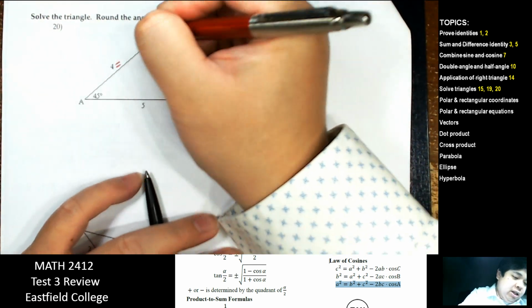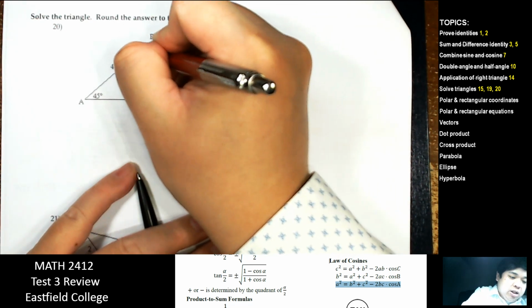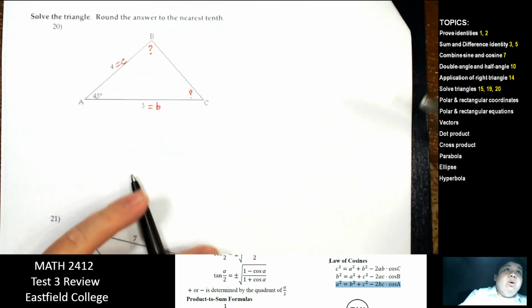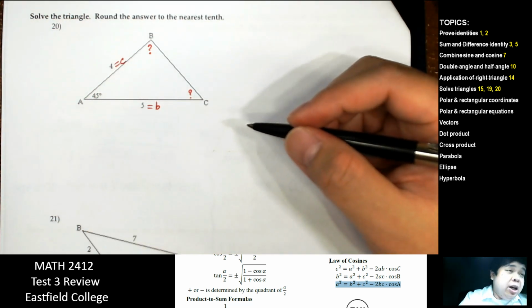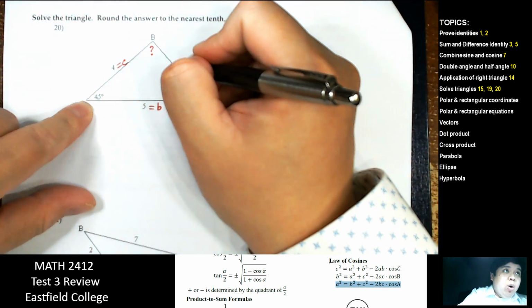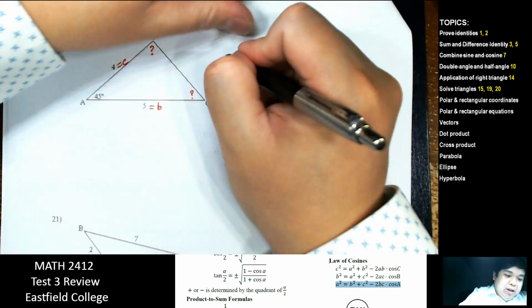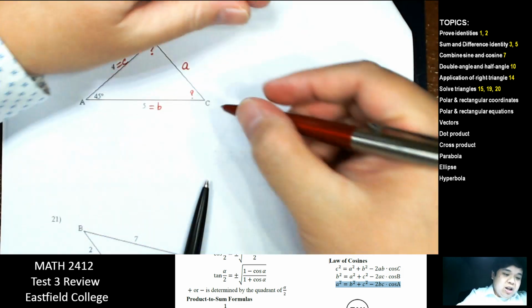This is B, sorry, this is C, we know. This is B, we also know. Don't know this angle. Don't know this angle. Right? So what we see here is that we use the one with the angle A, meaning we're going to use the cosine of A as well.